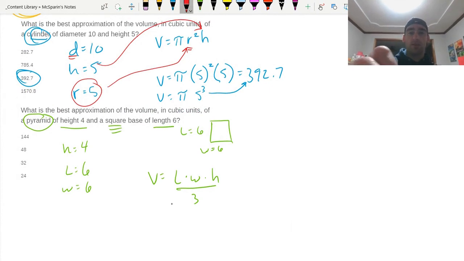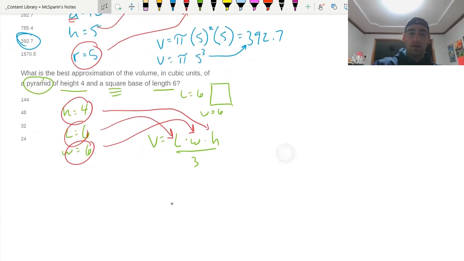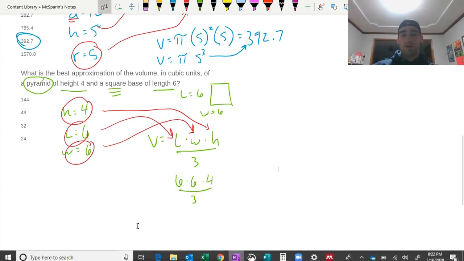Pyramid's one of the easiest ones, guys, because look, I can just plug all of these in. And that's easy calculator work right there, because it's just 6 times 6 times 4 divided by 3. And I can just do that quickly in my calculator. Watch.